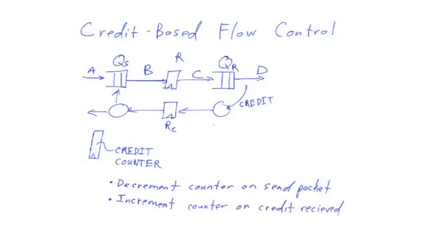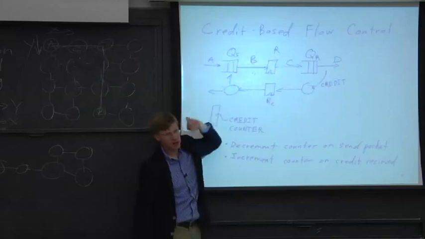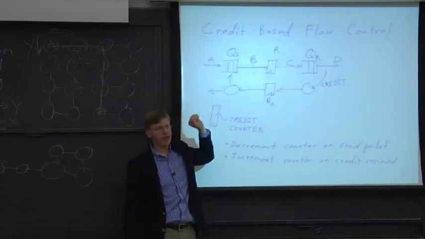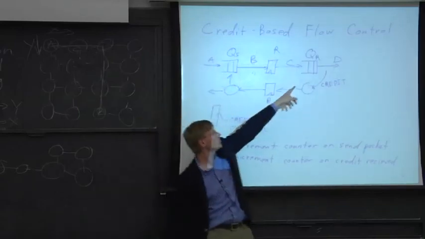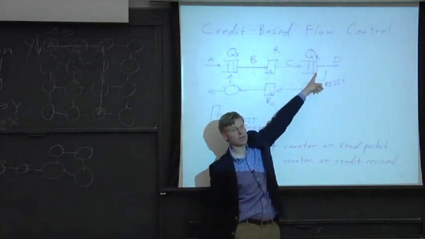And we're running out of time, but I wanted to try to finish this flow control notion up here. A good solution to this is called credit-based flow control. In credit-based flow control, you put a counter in the sender, and the counter counts how many entries there are in the receive FIFO.